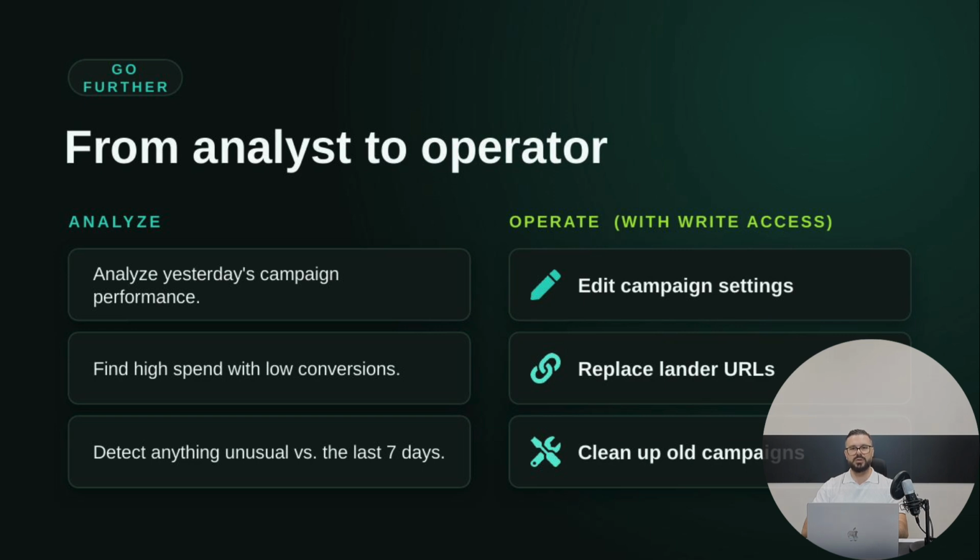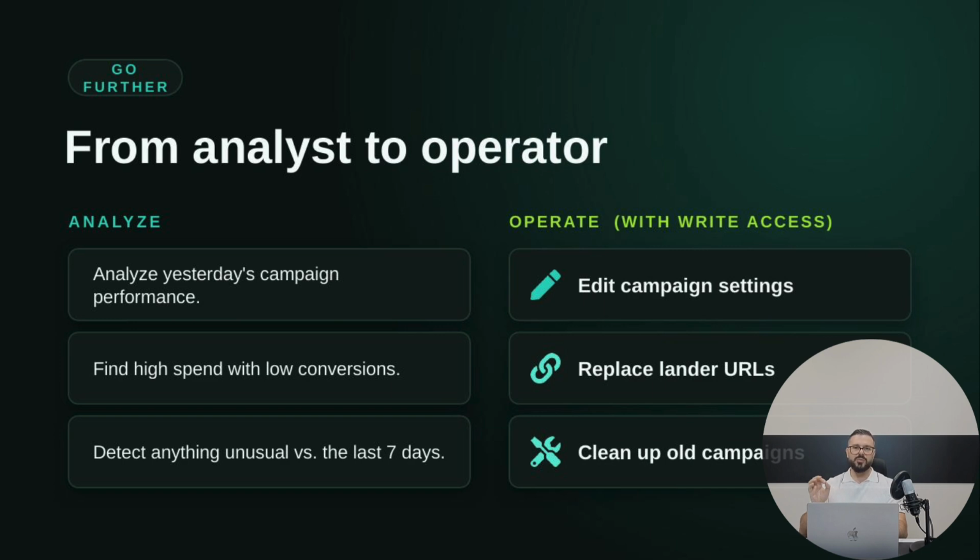For example, analyze yesterday's campaign performance. Find campaigns with high spend and low conversions. Detect anything unusual today compared to the last 7 days. Show me lenders that are getting traffic but not converting. So as you can see here, you can go really creative and sky's the limit.